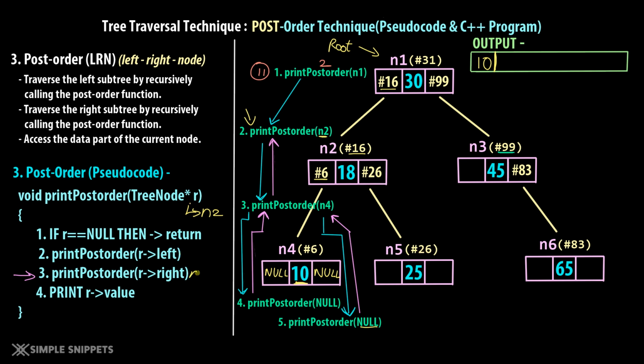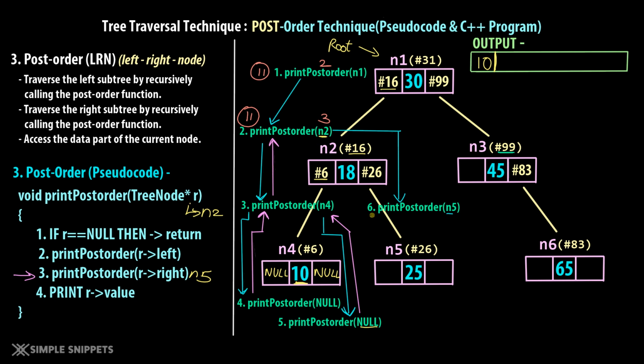So basically we are passing n5 over here as the argument. So a sixth print post order function is called from second print post order. This is the function call over here, and we are passing n5 as the argument. When you do that, of course, the second print post order will again go in a pause state. So let me write the pause symbol, and it is paused at step 3. So let's write step 3 over here.